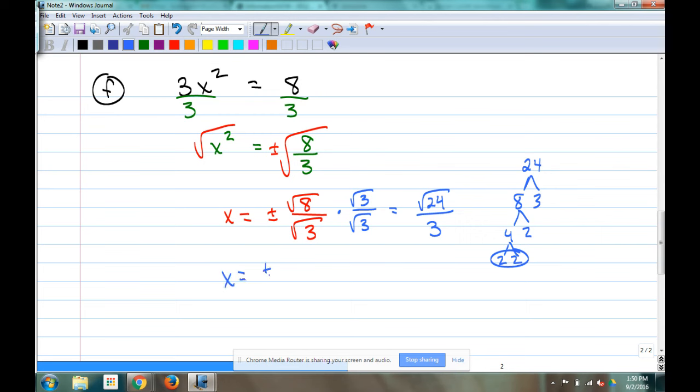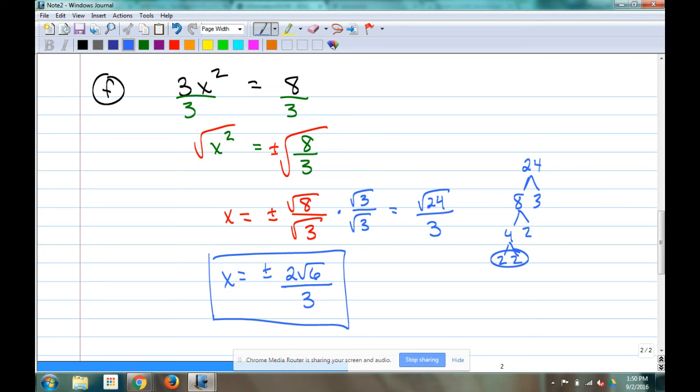So we have plus or minus 2 radical 6 over 3 as the answer. And the plus or minus looks like it's with the numerator. It really doesn't matter. It's just out in the front of it. Positive 2 radical 6 over 3. Negative 2 radical 6 over 3. Two sorts of answers there. So here we see that fraction coming back that we talked about some yesterday.